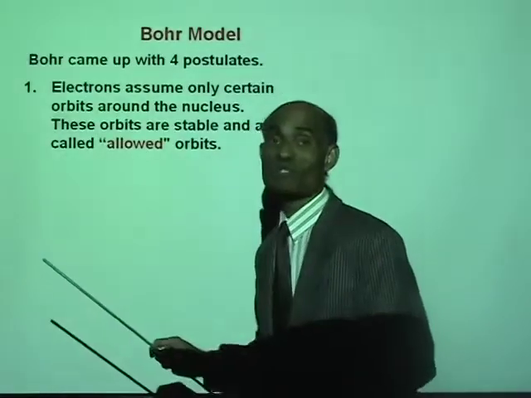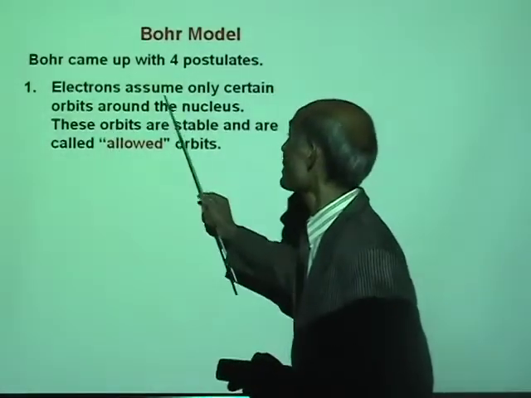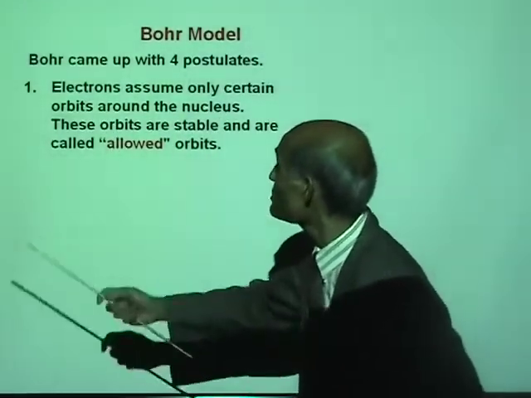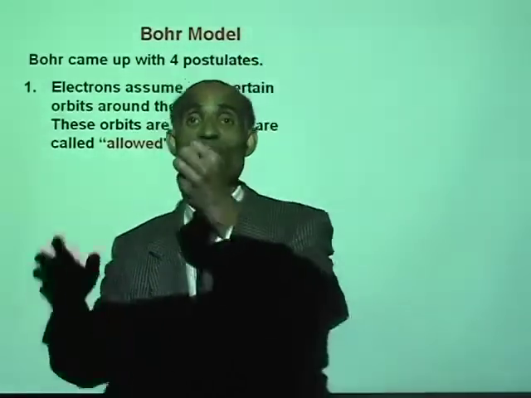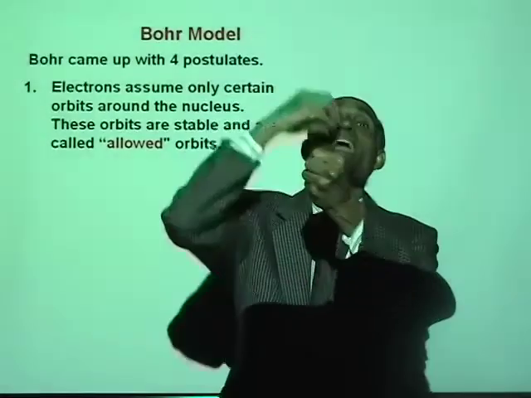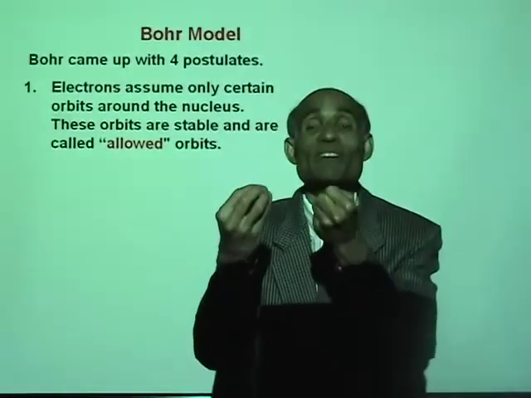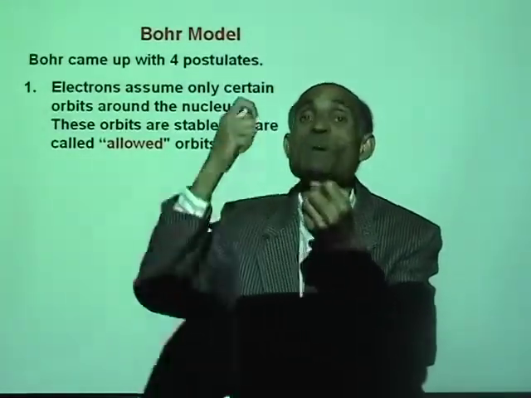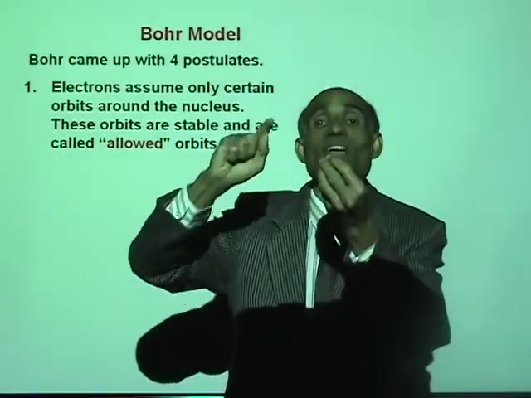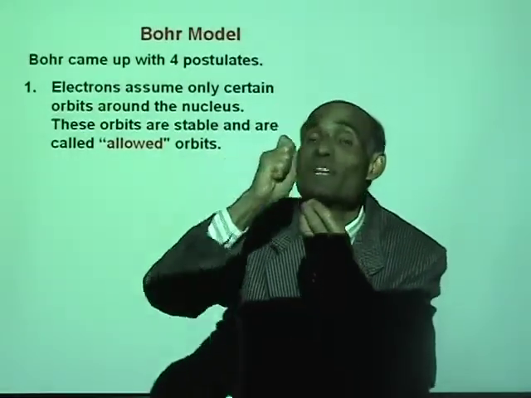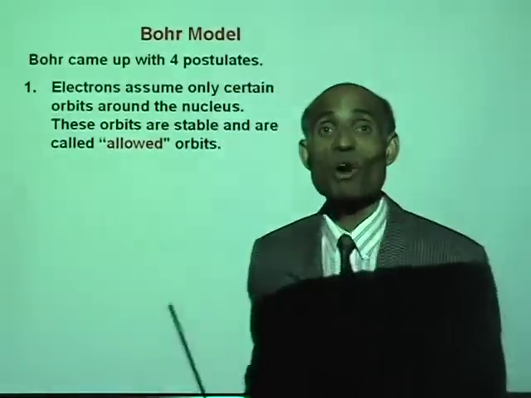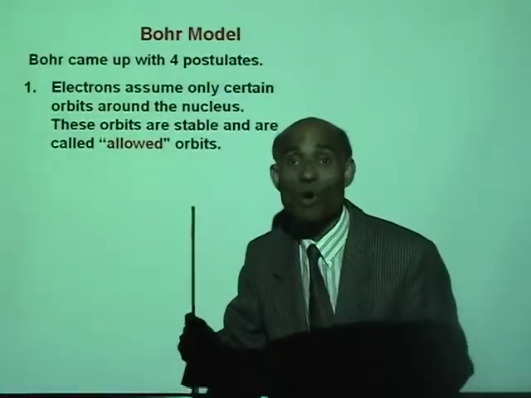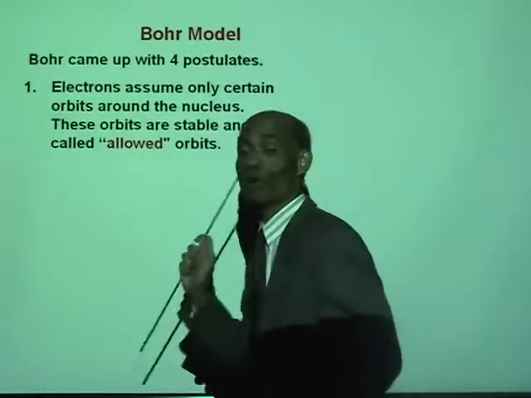Now, the first postulate says electrons assume only certain orbits around the nucleus. You see, an electron cannot be anywhere it likes. It can only assume certain orbits that correspond to a particular energy value. And those orbits are called stable orbits or allowed orbits.